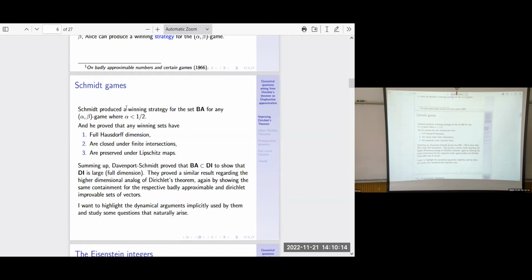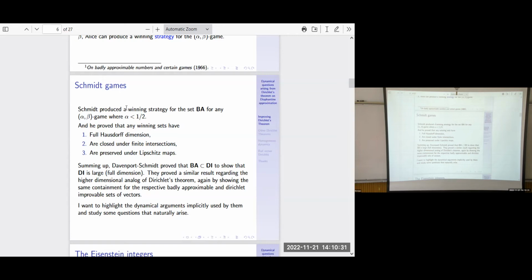There, of course, they didn't have a perfect characterization of the set DI, but they still proved that BA is a subset of DI. They wrote down some element-wise argument, and they got the same result. DI has measure 0, but it's large.